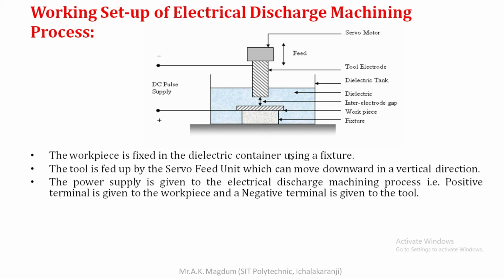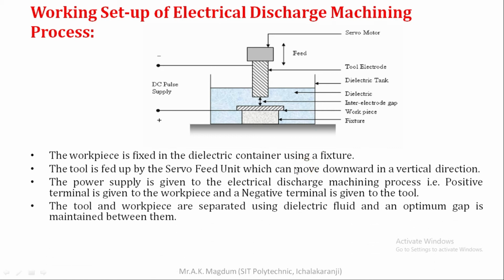According to which material we want to remove, the positive terminal is connected to that workpiece material. That is mandatory because we want to remove the material from the workpiece, and the negative terminal is connected to the electrode. Next, the tool and workpiece are separated by dielectric fluid, and an optimum gap is maintained between them, because the gap is a very important factor to produce the spark between the electrode and workpiece.